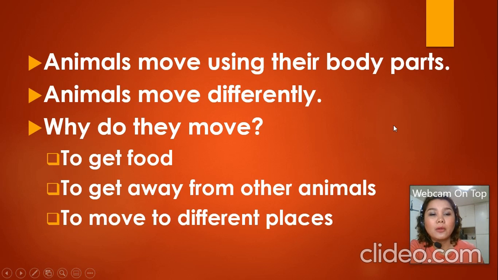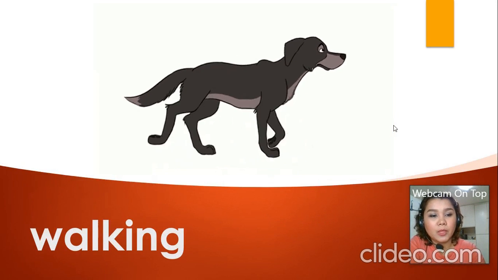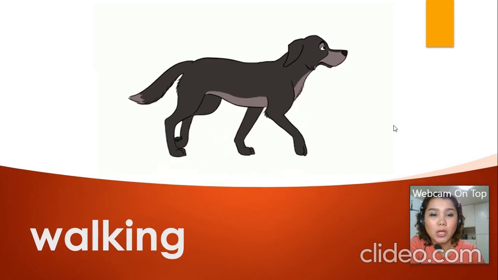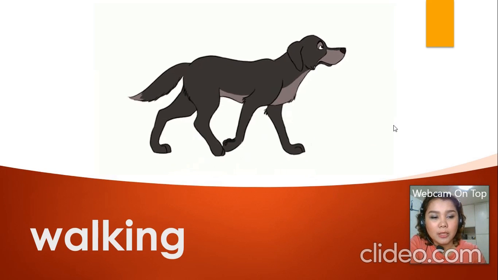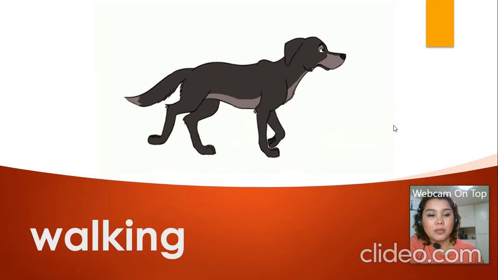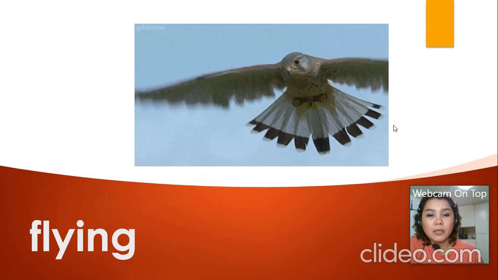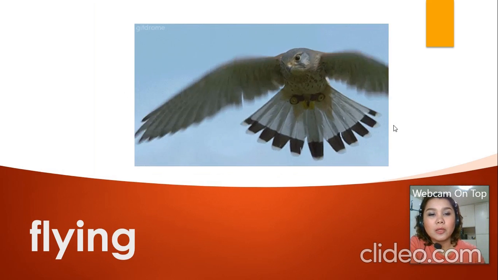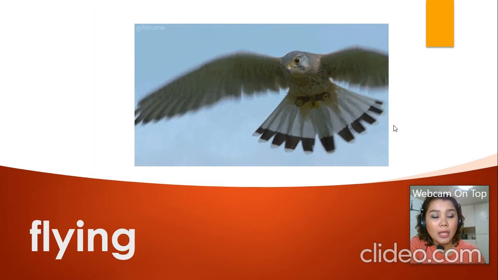Okay, so how do they move? First, most common is walking. As you can see, it's a dog. Next one, flying. What is the body part used for flying? The wings.